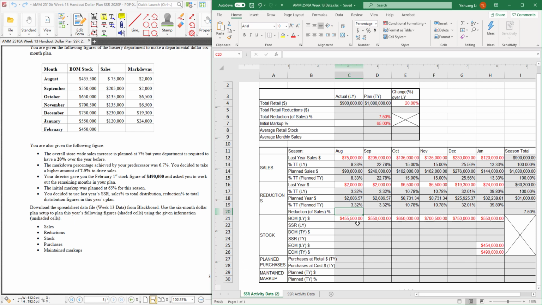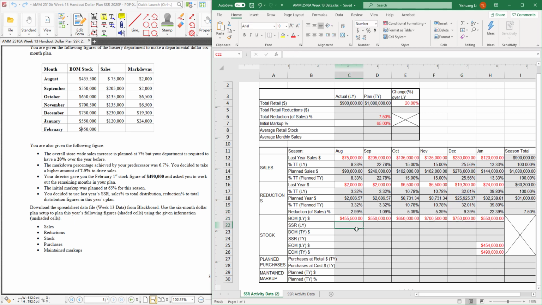And the last percentage row is not the distribution percent, but the reduction percent of sales. So for this row we do planned reduction in dollars over planned sales, and we can drag it through. Okay. Just check one cell to see if that's what we want.